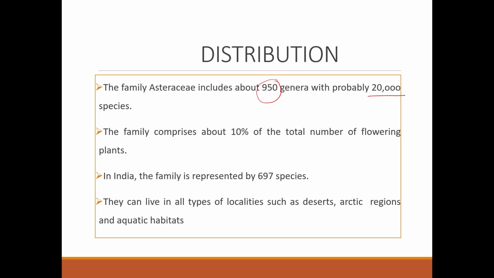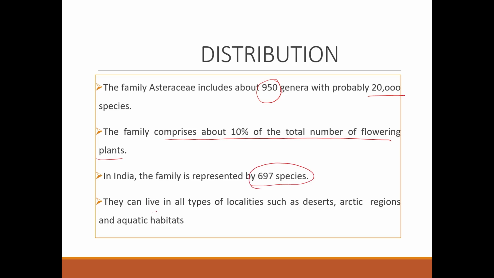This family comprises about 10% of the total number of flowering plants, because flowering plants have around 2 lakh species, and around 20,000 species are reported in this family. In India, it is also represented by a good number of species, around 700, about 697 species reported from India.